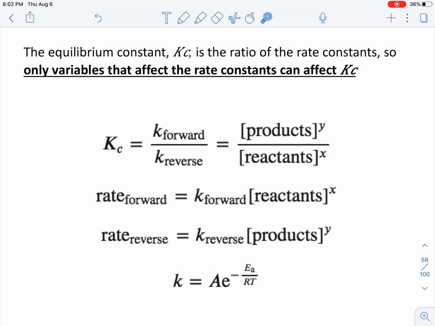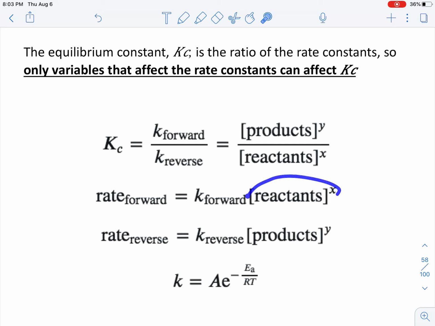And so we can go ahead and understand this concept by looking at the rate law. If we're changing the concentration of the reactants and products from one equilibrium to another equilibrium, we're only changing the rate of the forward and the rate of the reverse reaction.